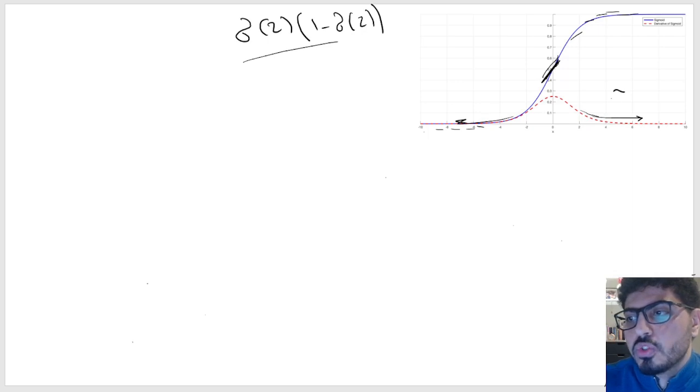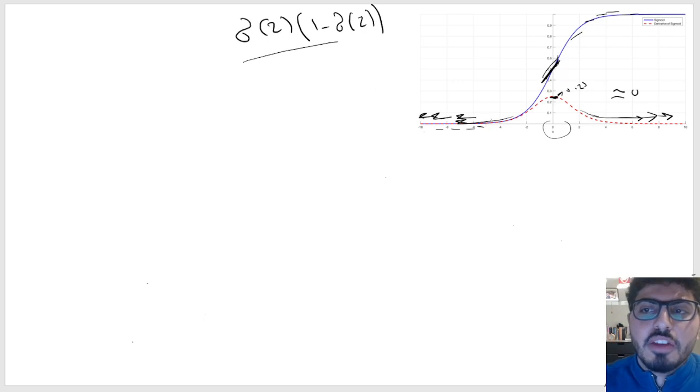It's maximum when the score is 0, and its value there is 0.25. And it dies or approaches 0 on both ends. This is a very important property of the sigmoid function to remember, that the gradient of the sigmoid function dies at the extremes.